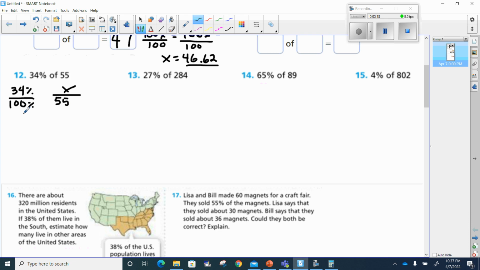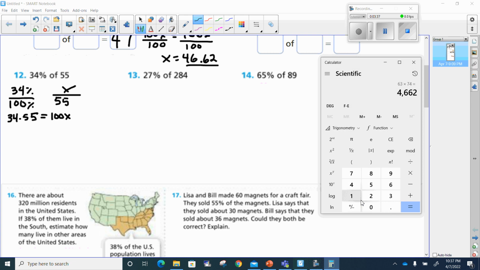When I cross multiply, this is going to give me 34 times 55. That has to equal 100x. Let's go ahead and find out what 34 times 55 is. Well, that equals 1,870.